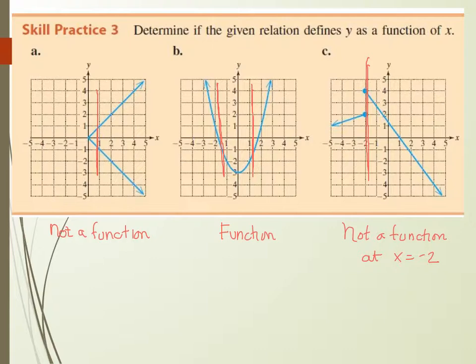In B, when we draw the vertical line test, we only hit the graph at just one point. And then finally, we can see in C that there are 2 points at negative 2. So when x is negative 2, we have y is equal to 4 or y is equal to 2. Well, that's not a function because there are two values of y for a value of x.